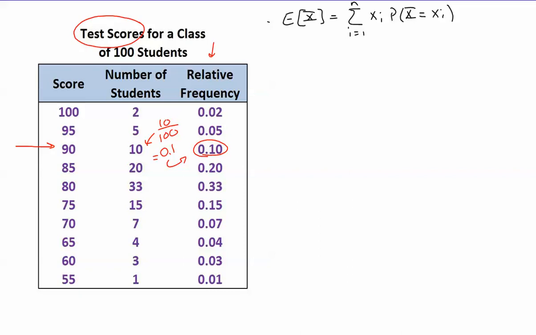So what that's saying is the probability that my random variable equals 90% is 0.1. Those probabilities, the probability that my random variable takes on a specific value, in this particular case, is a relative frequency value.